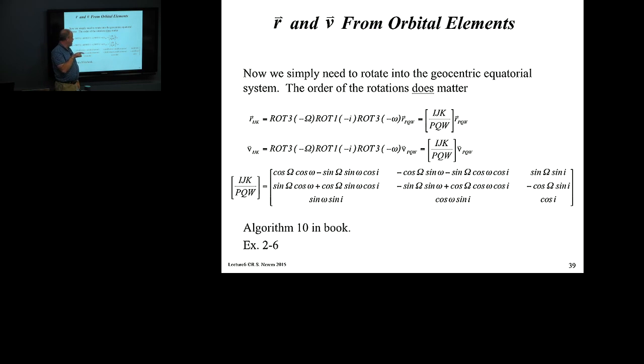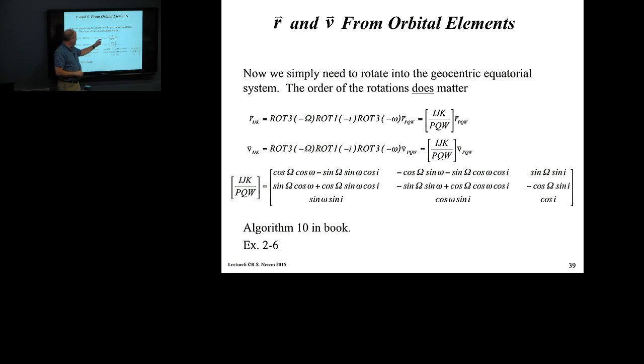Remember, right now our x-axis is pointed in the p direction, out in the direction of periapsis. But the argument of periapsis is the angle between the direction of periapsis and the node vector. So by doing a rotation by minus omega, we're going to rotate our x-axis from pointing out at periapsis to now pointing out along the node vector.